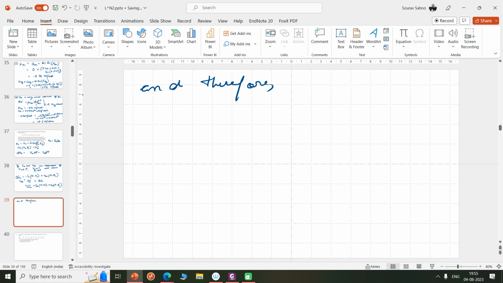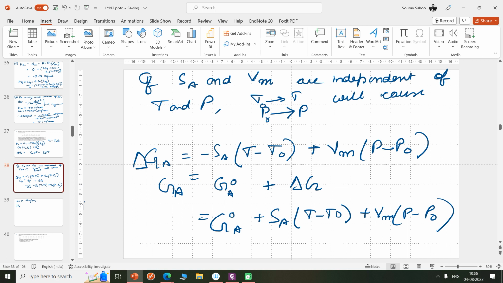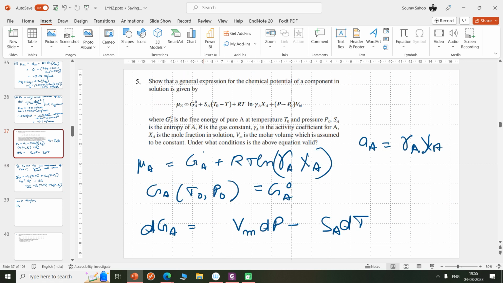mu A, because if you remember, mu can be written as G plus RT ln, so G A plus RT ln gamma chi.